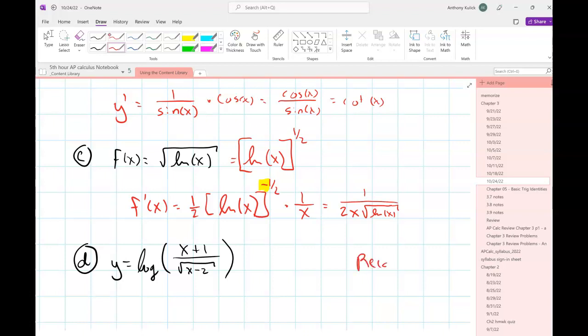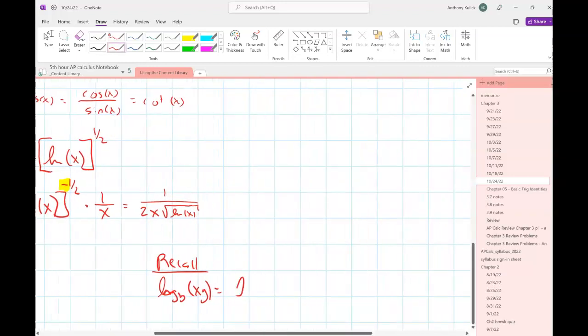Yeah, so what I would recommend using at this point are my properties of logarithms.